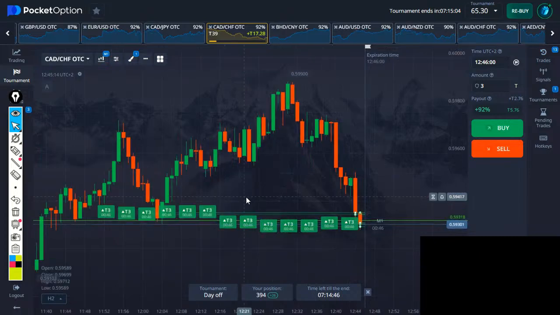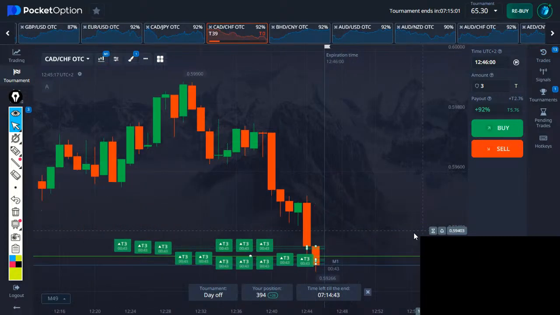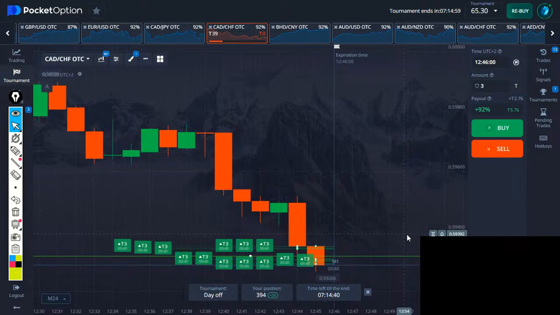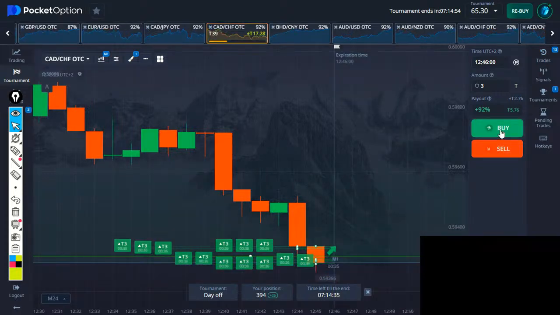That's very risky. However, we have a nice demand area. Nicely rejecting, yes. Beautiful, come on.